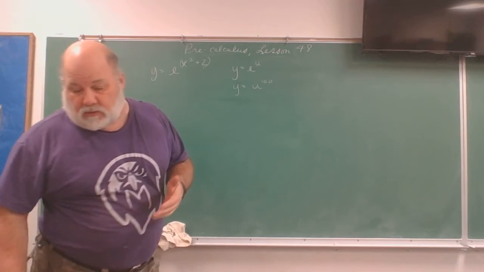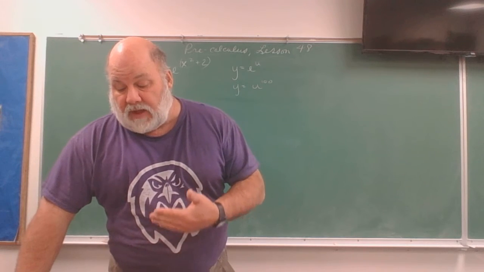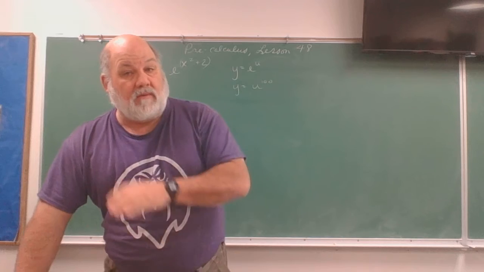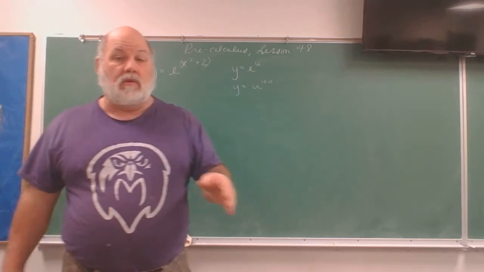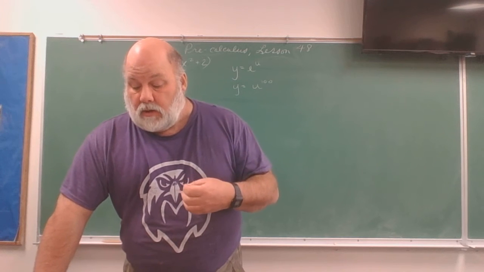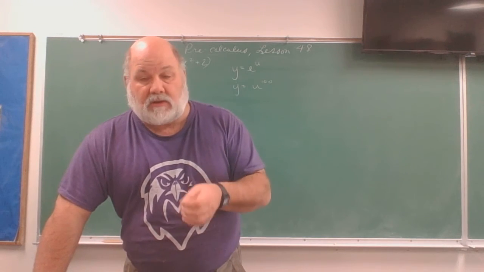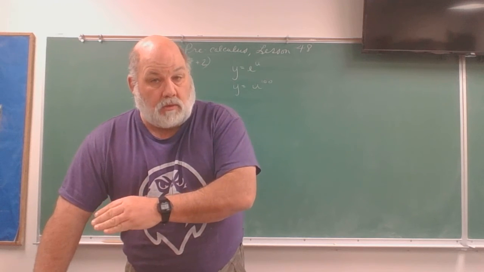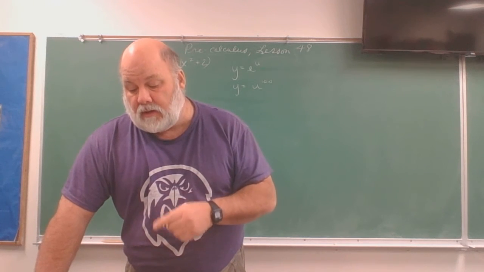Okay, and the next one, the natural logarithm of x squared plus 42. We're going to deal with the natural logarithm of u, where u is going to equal x squared plus 42. In the next one, y equals the sine of x squared minus 15. X squared minus 15 is going to become u. U is going to take its place.